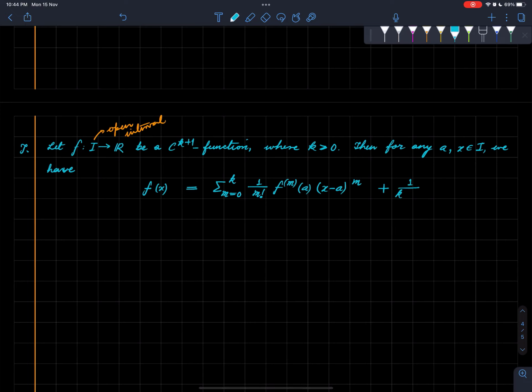So this is x minus a to the power k plus 1, and here we have f^(k+1) of c for some c strictly between a and x.